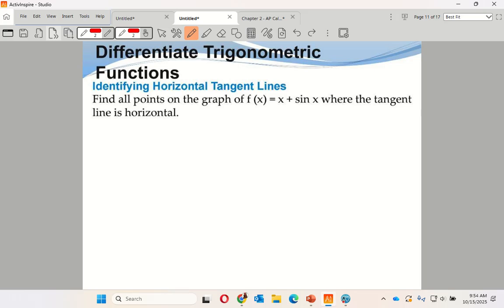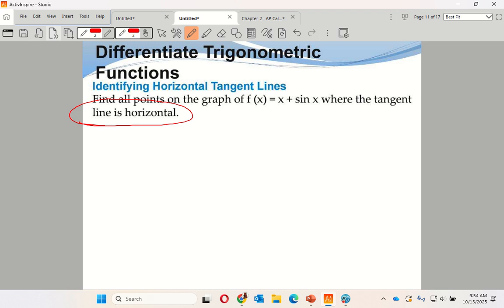So here is an application of this problem, and this is where I'm going to end for today. Find the points on the graph f of x equals x plus sine x where the tangent line is horizontal. Now, key words in my vocabulary: my tangent line is horizontal.